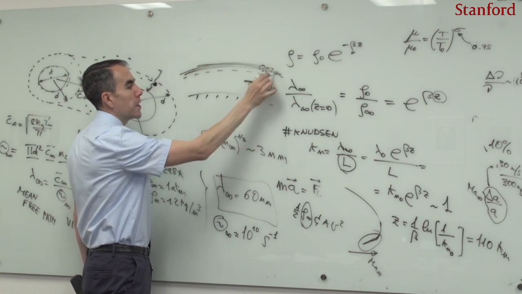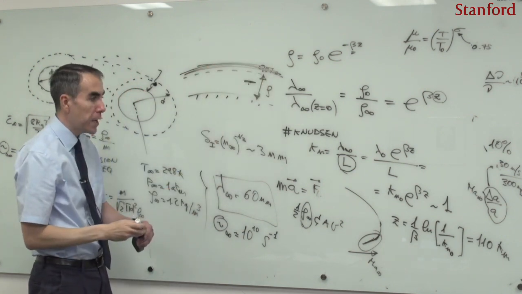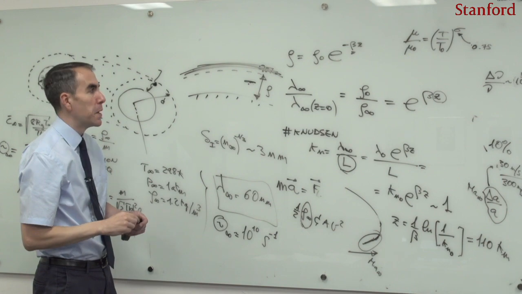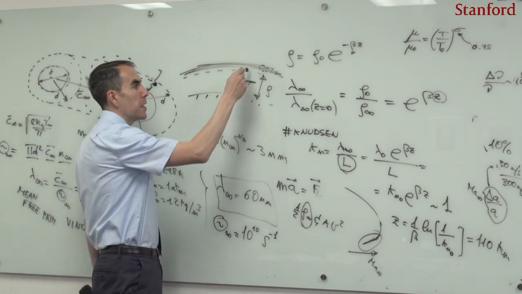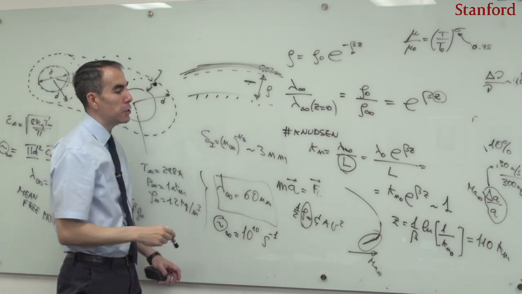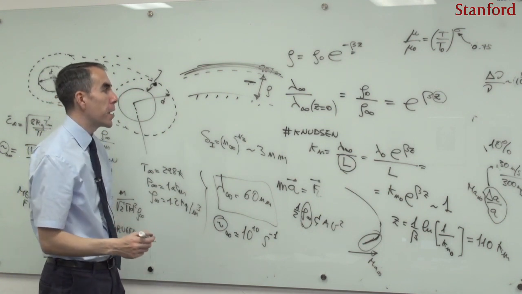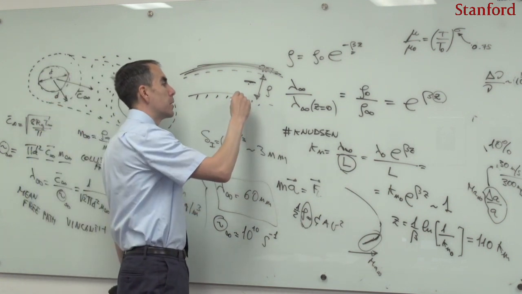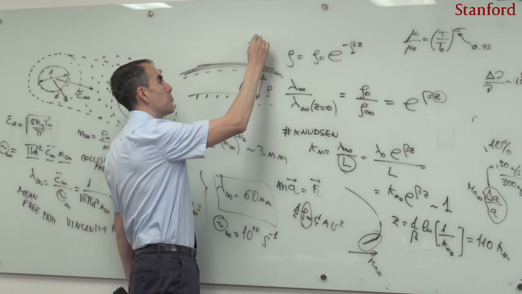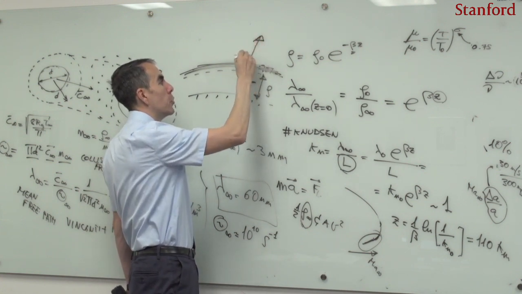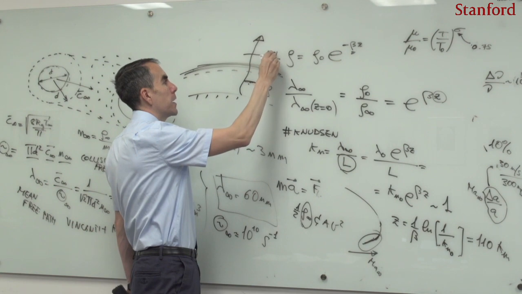And the estimate that I just gave you is actually a very conservative estimate. As a matter of fact, this altitude that I give you is actually pretty short, because in reality, the altitude at which the Knudsen number becomes 1 is actually higher than those 110 kilometers that I gave you.